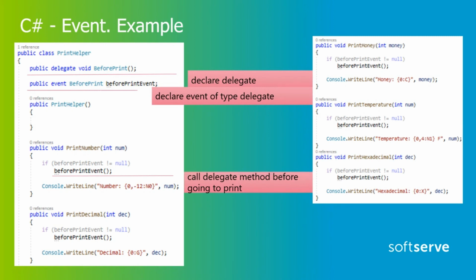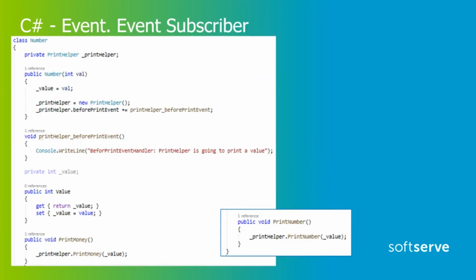Consider the following classes: PrintHelper, which prints integers in various formats, such as a number, money, decimal, etc. It includes the BeforePrint event to inform the subscribers about the event. Before it starts printing, all subscribers must provide a handler function that will be called when the publisher raises the event.